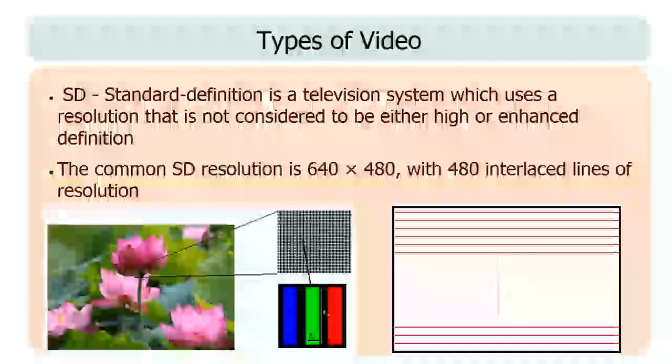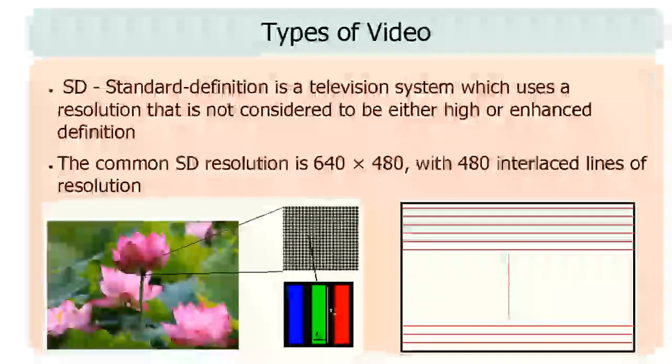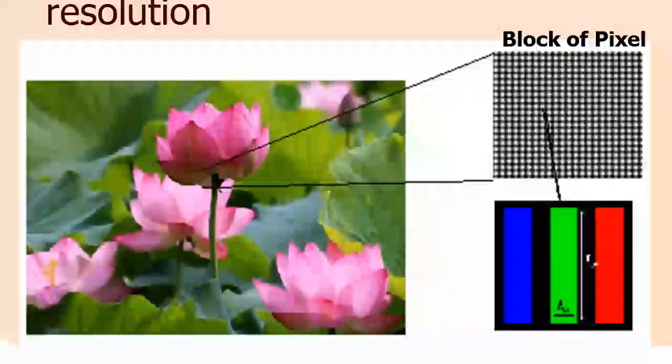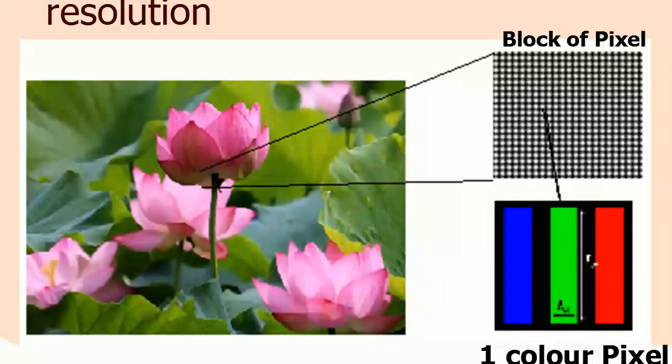So what is this 480? It is the number of lines in an image. If you take an image of a flower and zoom into a very small section, we can see it is made up of lots of points. Each point is nothing but a pixel, and that pixel has three different colors.